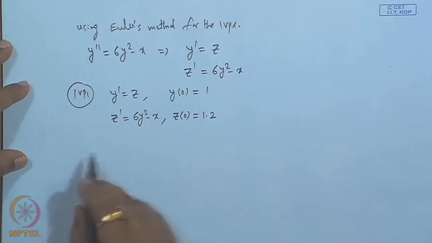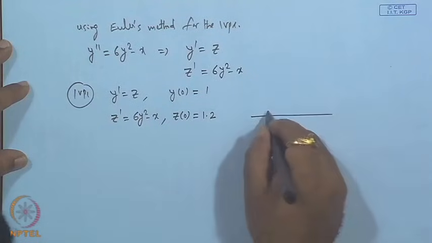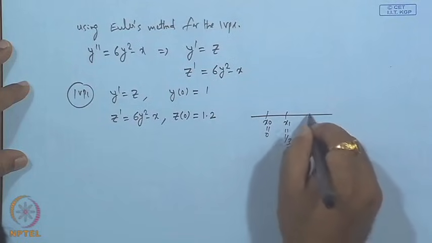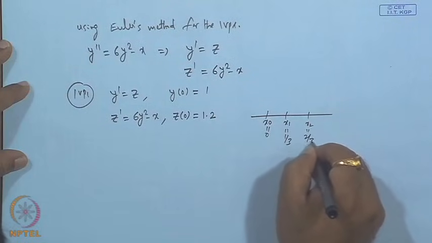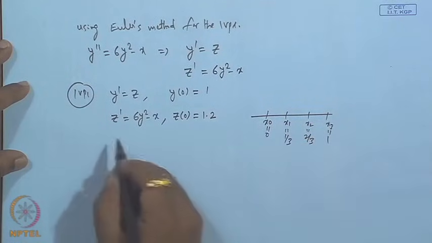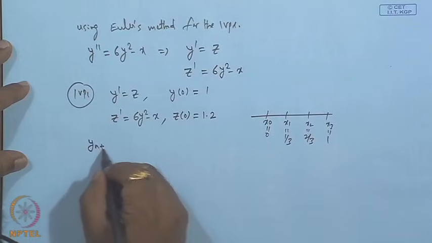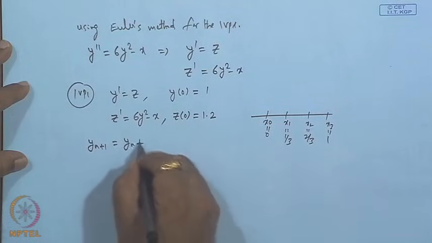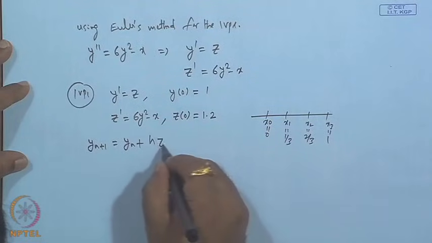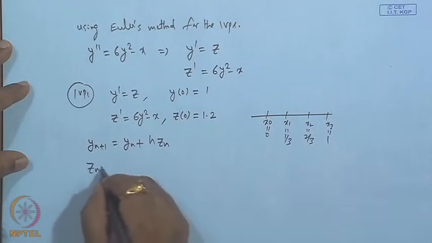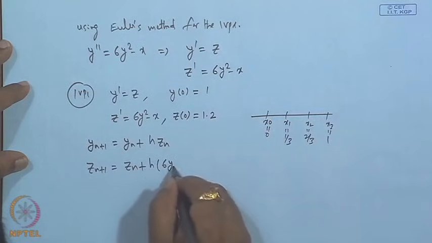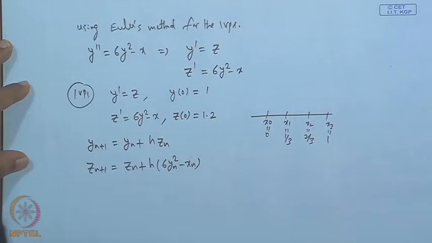Now for this x 0 is 0. So, y n plus 1 is y n plus h y n prime, that is z n, and z n plus 1 is z n plus h times 6 y n square minus x n.